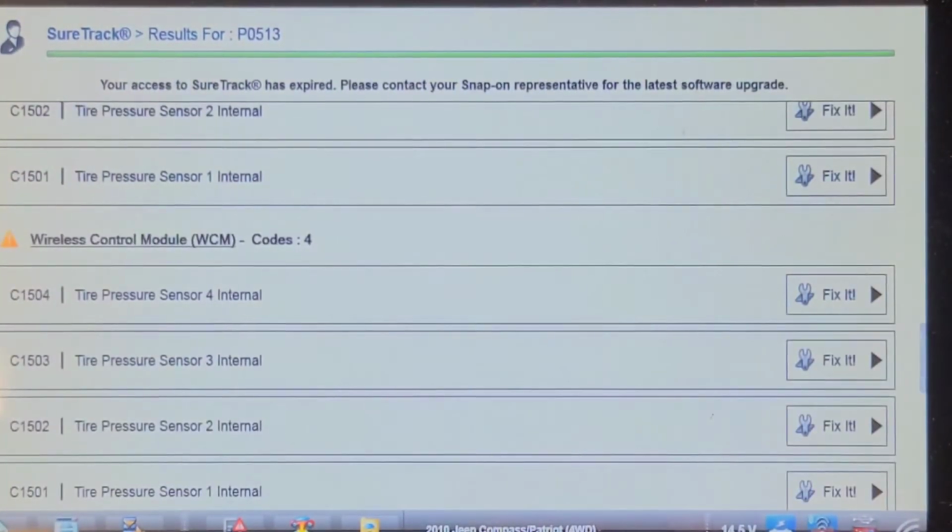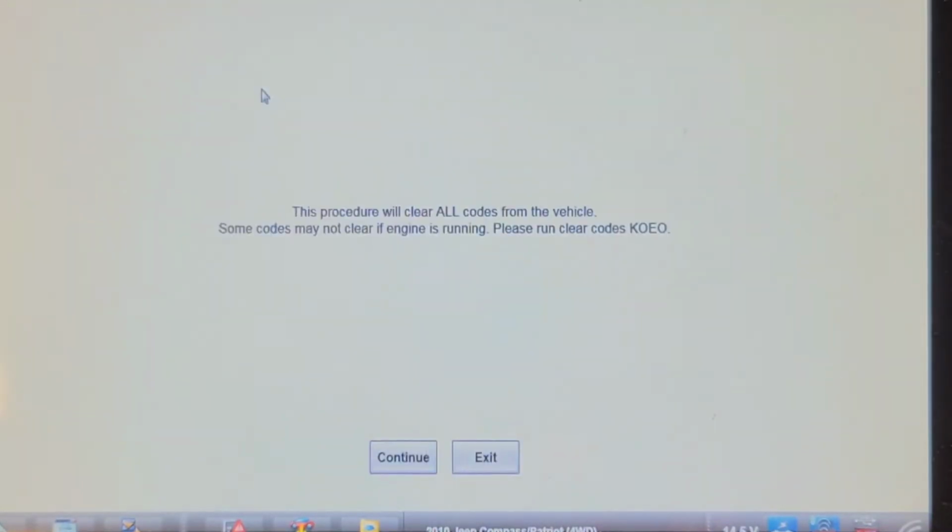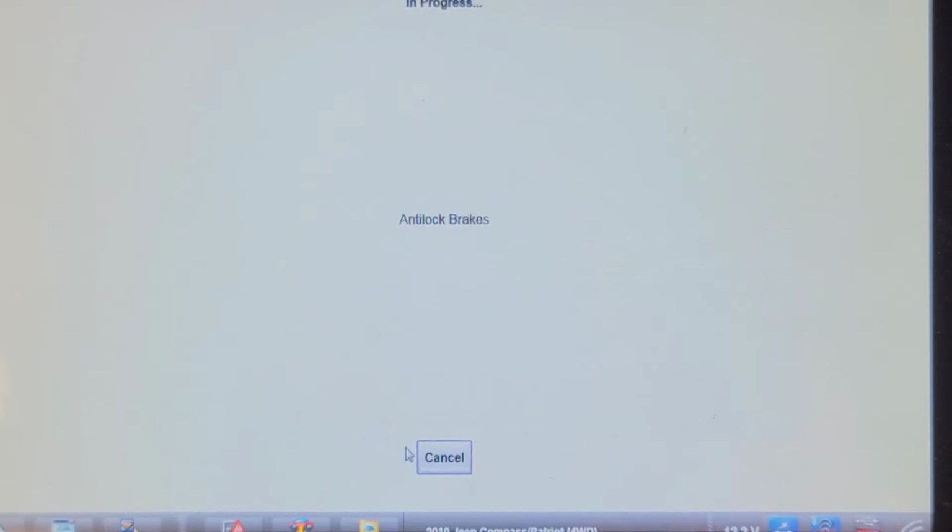Alright, well, we're going to clear all the codes and see what comes back. Now, to clear codes on a Chrysler product, as you're going to see, key on, engine off. So we're going to clear all codes and then go back into the totally integrated power module or front control module, whatever they call it today, and see what codes come back in there.